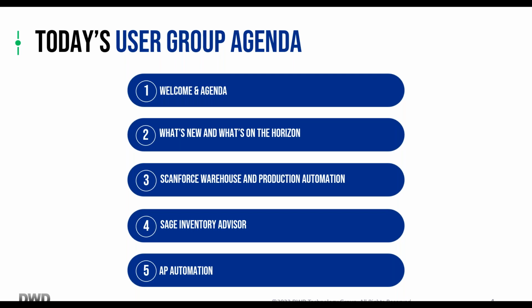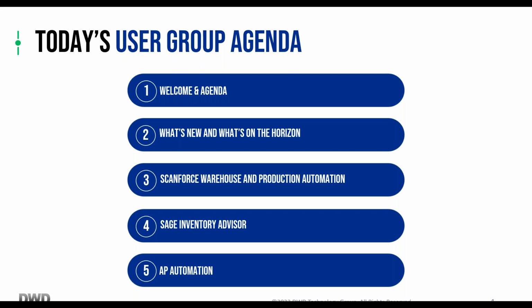Sage Inventory Advisor, a great tool if you want to get into in-depth analytics on your inventory and its movement. They will be here to show you how that tool works with Sage 100. It's one of the cloud-connected options with Sage 100.